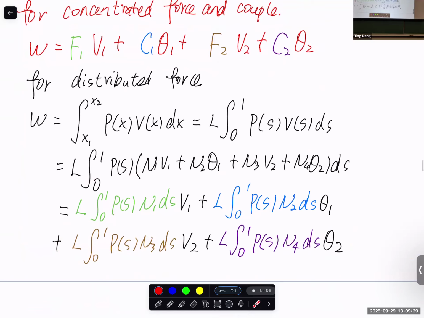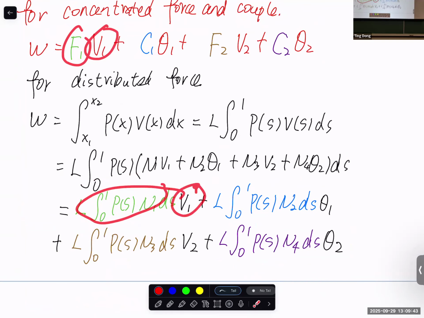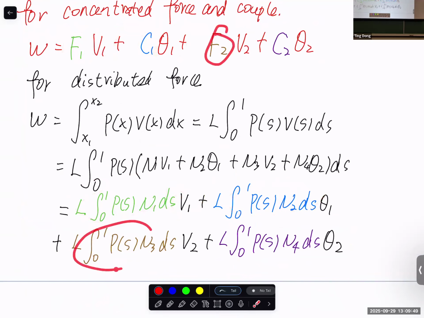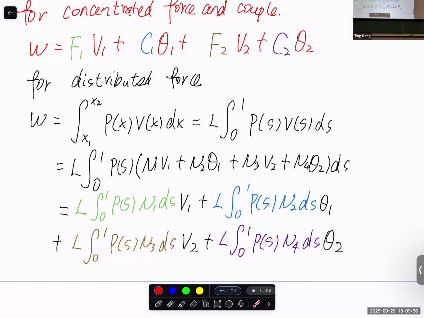Now you can see F1 V1, a coefficient times V1; C1 theta 1, a coefficient times theta 1; and F2 V2, C2 theta 2. So we have the expressions for F1, C1, F2, C2. Our job is done.